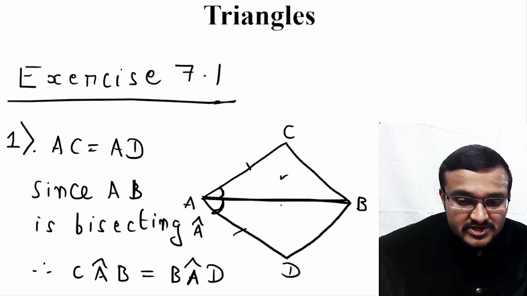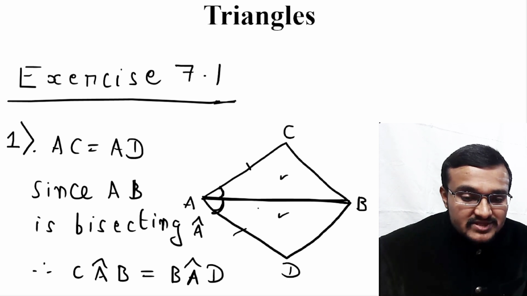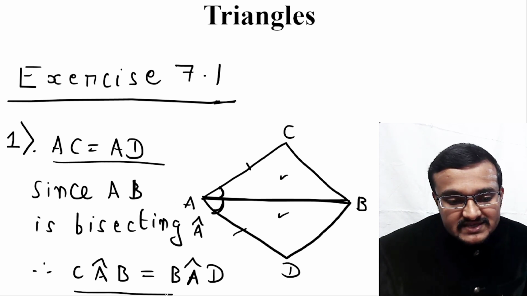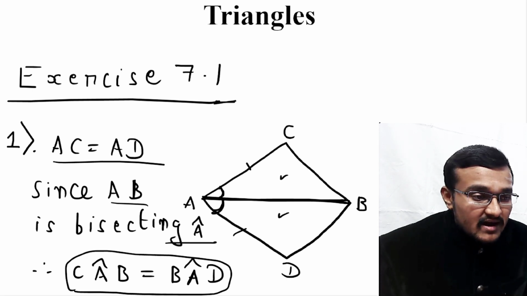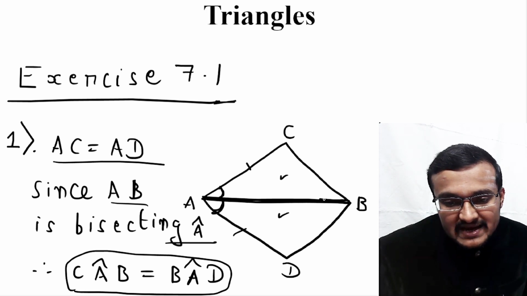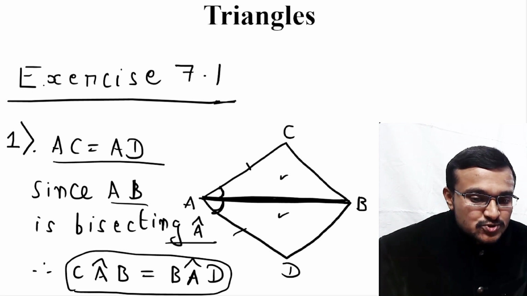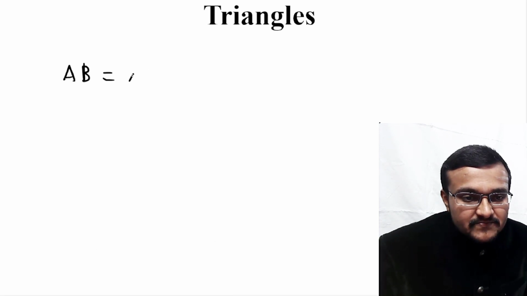I am considering these two triangles, that is ABC and ADB. In these two triangles, AC is equal to AD, which they have already given, and CAB is equal to BAD because AB is bisecting angle A. Now you can see that for both triangles AB acts as one common side. So in these two triangles, AB is equal to AB.